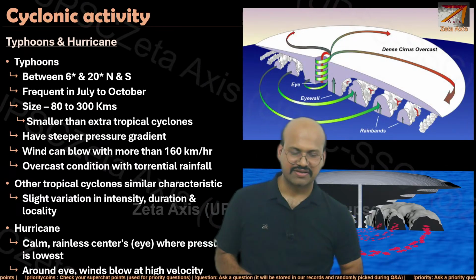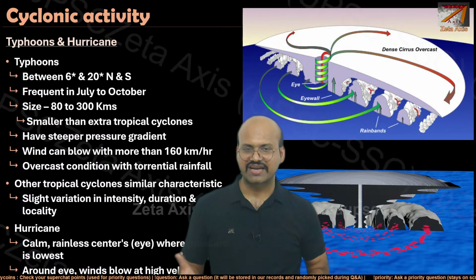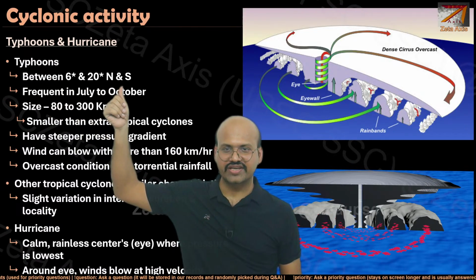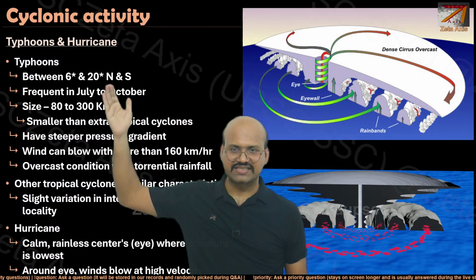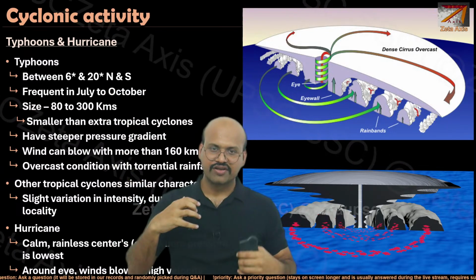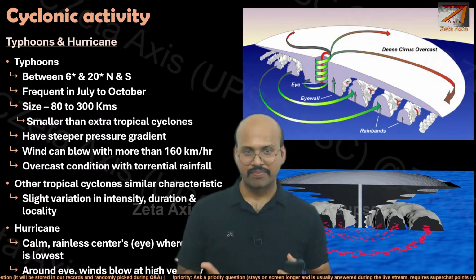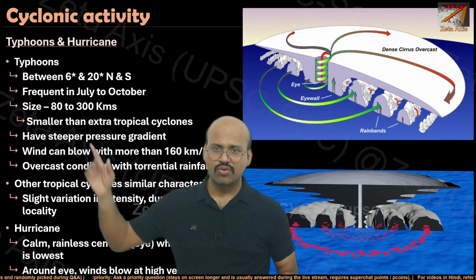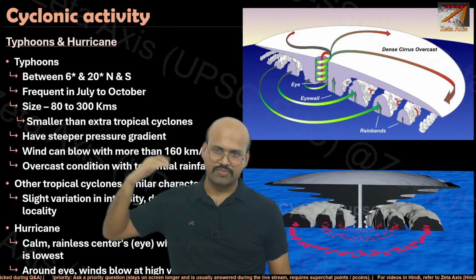Here is again some specific things that is described in the G.C. Leong book. So typhoons, they occur between 6 degree to 20 degree north and south. The reason is that they require Coriolis force as well as warmer sea surface temperatures. Now, Coriolis force is not strong below 6 degree.